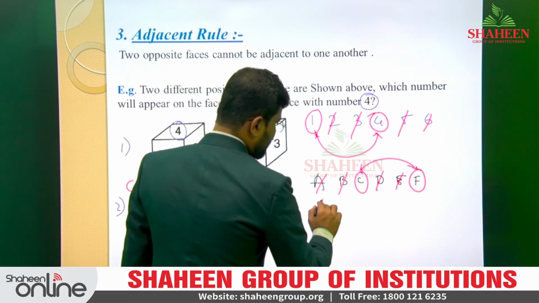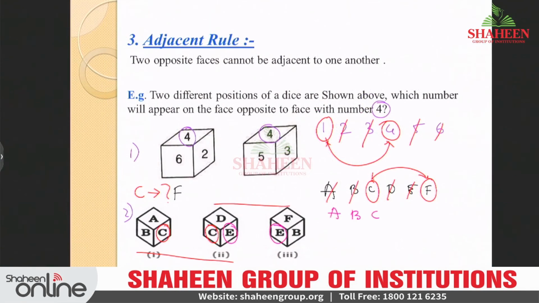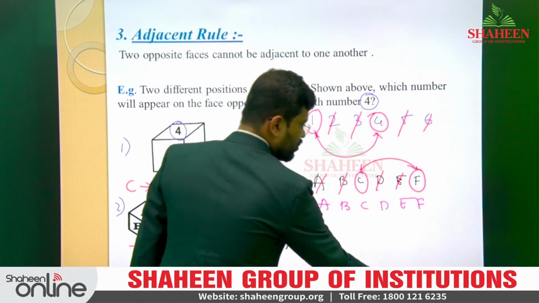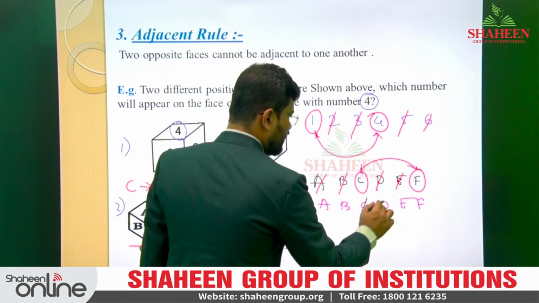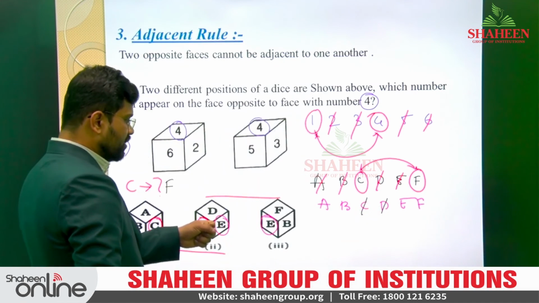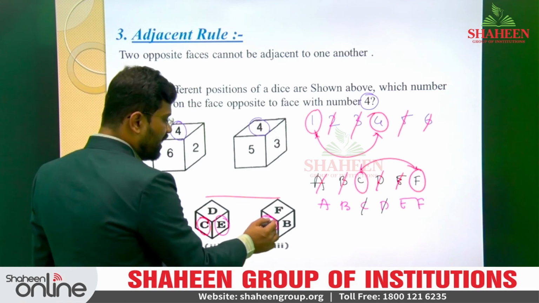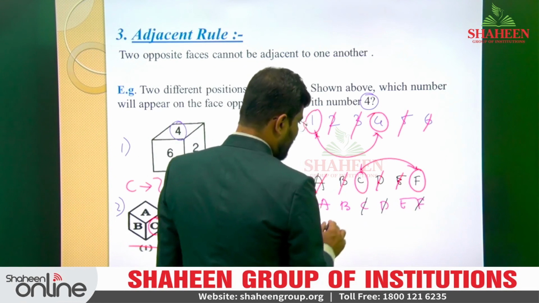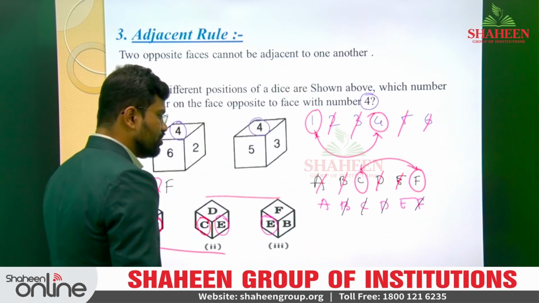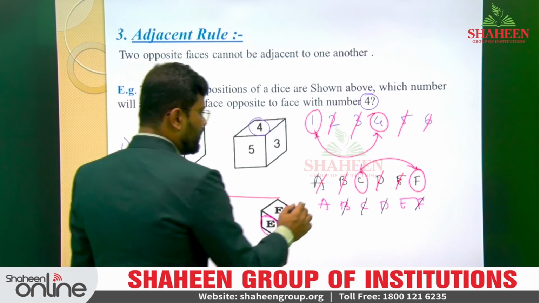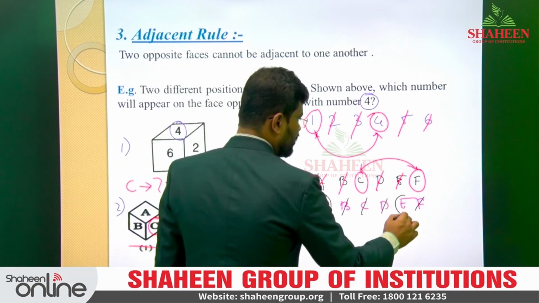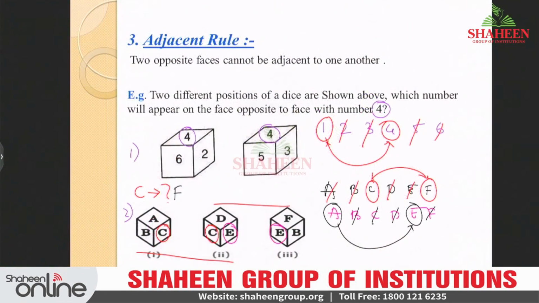Again, A, B, C, D, E and F. C and D are adjacent to E. Is it possible that C or D can come opposite to E? No. F and B are adjacent to E. So what am I left with? I am left with A. So A is opposite to E.